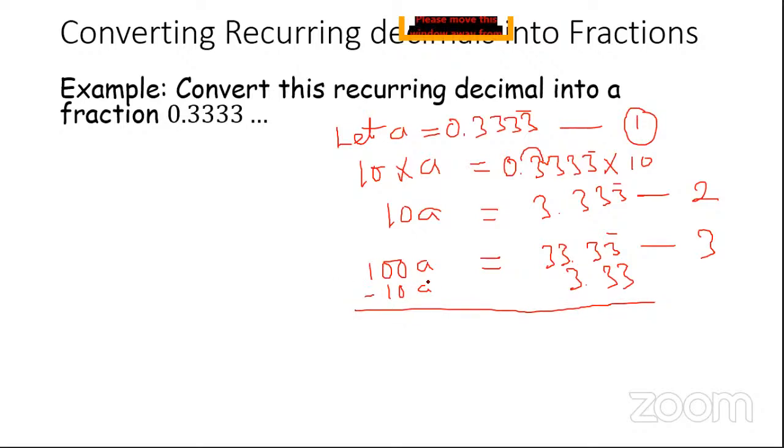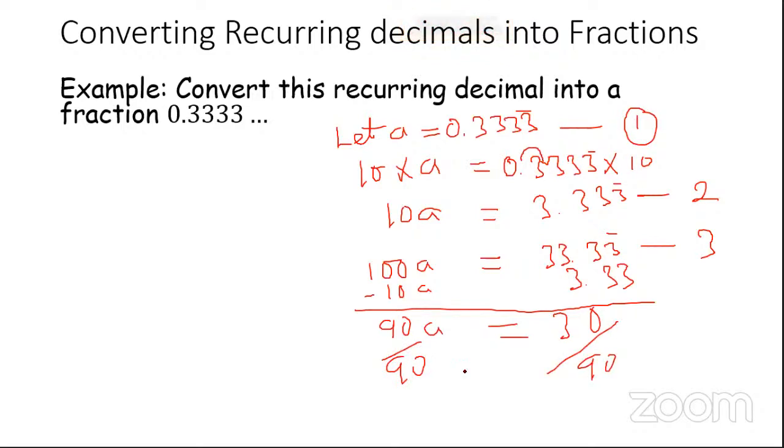We shall say 90A is equal to 30. Then we divide both sides by 90. And the answer is a third.